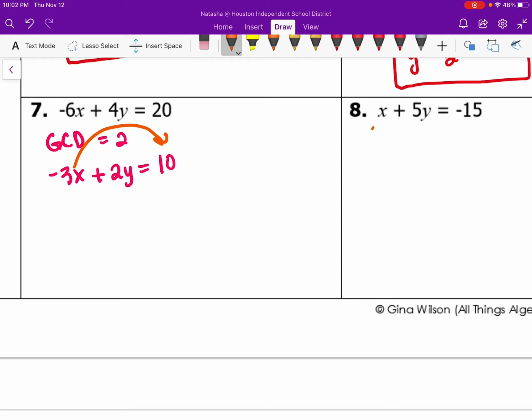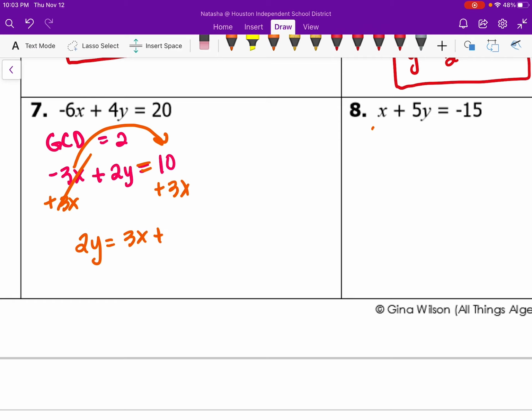So I'm going to move the 3x over. Now, unlike the other ones, it's not always subtracting. This one's negative 3x, so that means that I'm going to have to add. So we're going to remember opposite operation in order to move it across that equal sign. We're not combining like terms. So this is going to leave me 2y is equal to 3x plus 10.